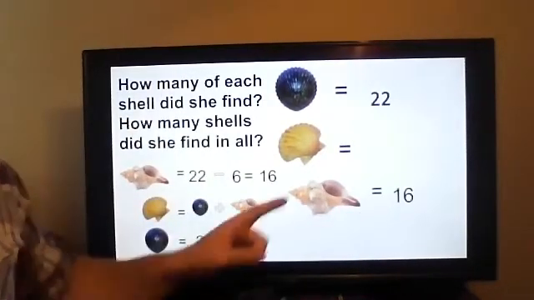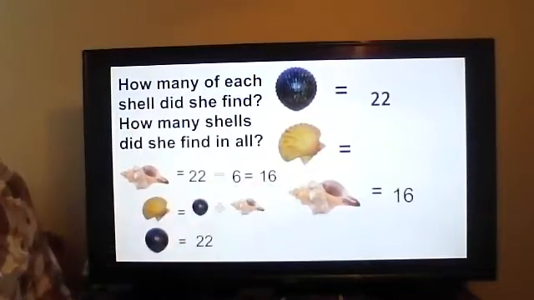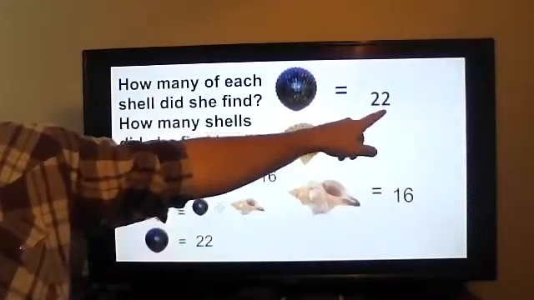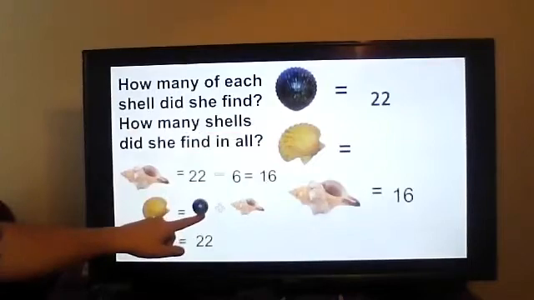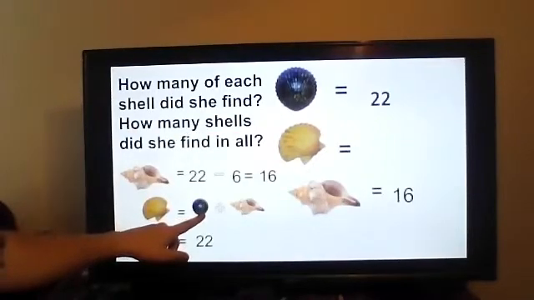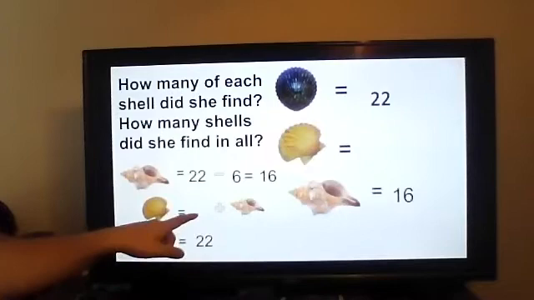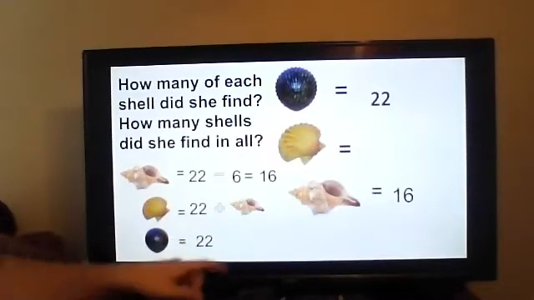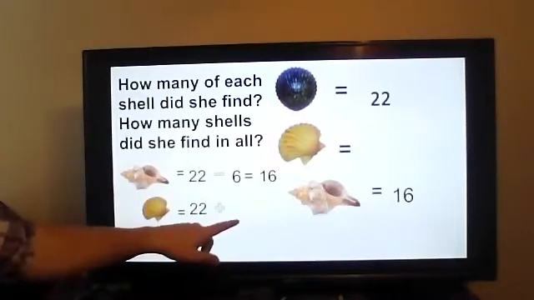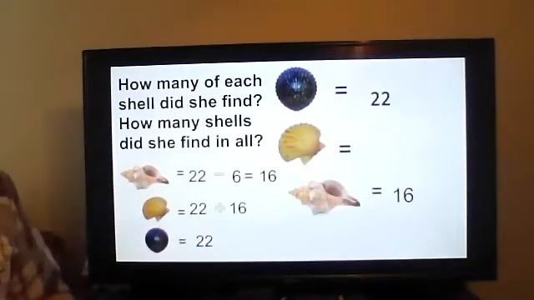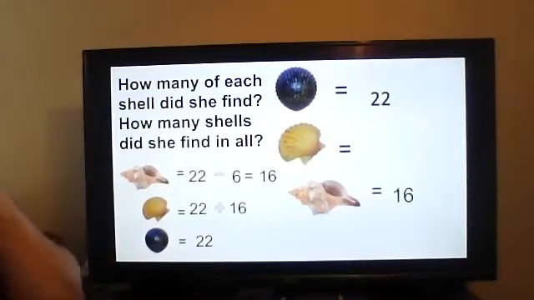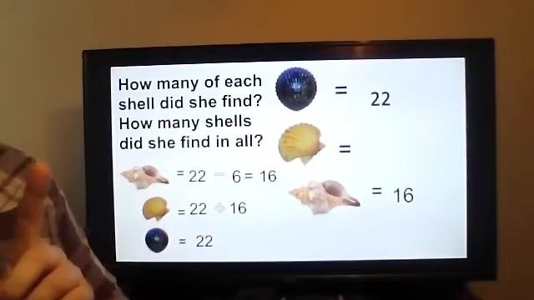Okay, but we still need to find out how many of our tan shells she found. So I'm going to go ahead and plug in our new numbers, 16 and 22, into our problem over here so we can find out our new answer. Okay, so I'm going to substitute our black shells for 22 and our conch shells for 16. Now, this is 22 plus 16, so we're going to add these together. Now, I'm going to look at my ones place first, okay?